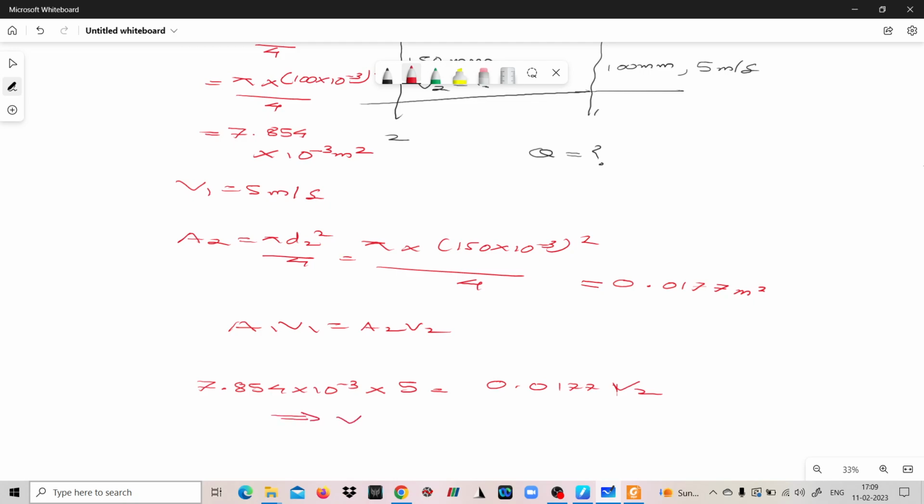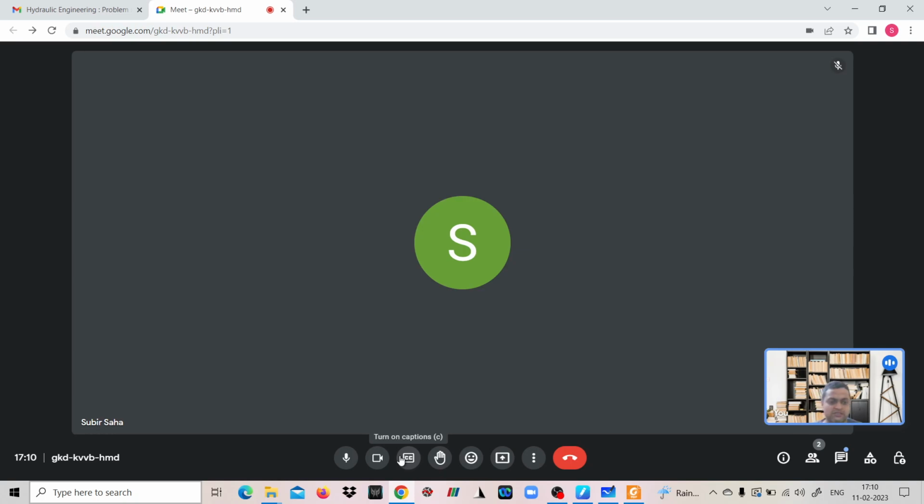From here V2 will be equal to 7.854 into 10 to the power minus 3 into 5 divided by 0.0177, which is approximately 2.22 meter per second. So this is a simple application of the continuity equation, A1 V1 equal to A2 V2. I hope this problem is clear.